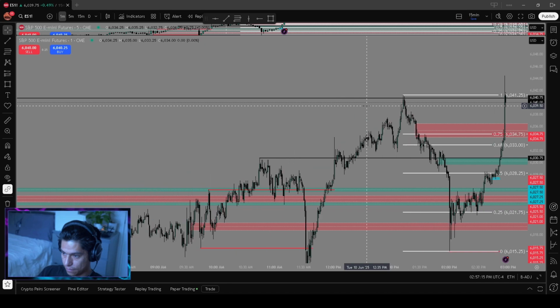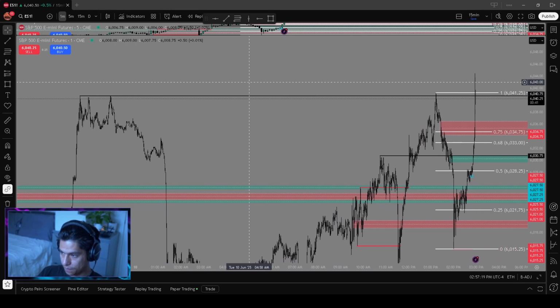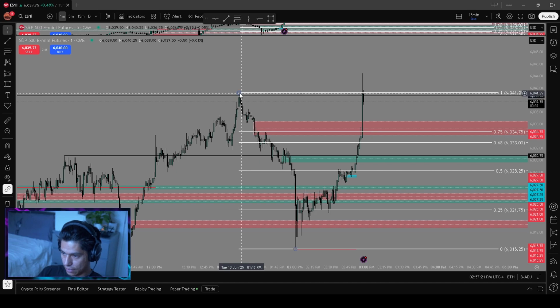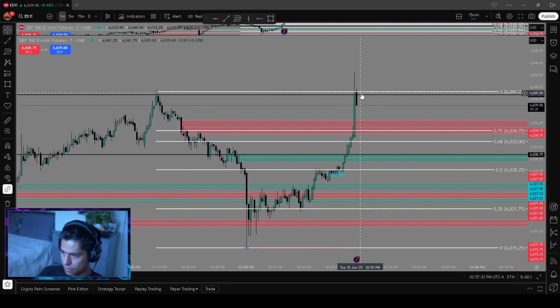We've taken out, so we did have relative equal highs here. We took it out right here, like we attacked it, triggering, what would it be, buy stops or sell stops, stop loss orders. So we can expect the retracement here, but if not, we can use this as support again.